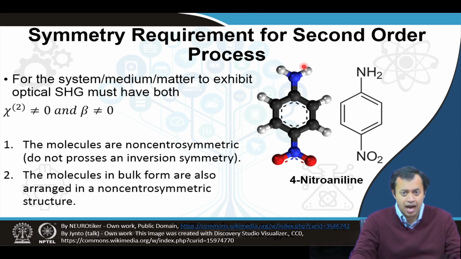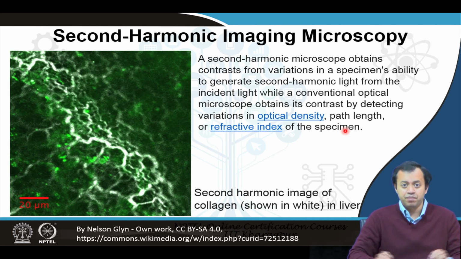Not every biological material has non-centrosymmetricity. Not every biological or conjugate material has it. However, several of these, nitroaniline, certain proteins, etc., do have it. A primary example of where we can utilize it is second harmonic imaging microscopy.